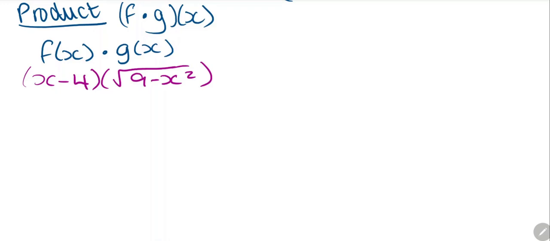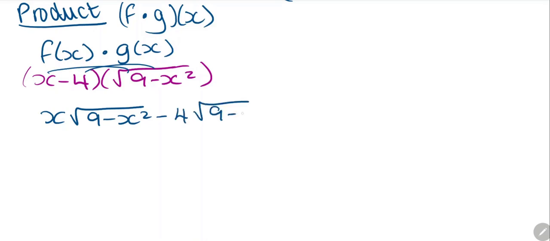So we're going to distribute each of these. If I multiply everything, I'll have x times the root of 9 minus x squared, and then I'm going to multiply this, so then I will have minus 4 times the root of 9 minus x squared.